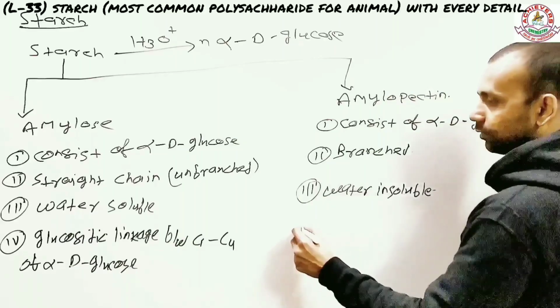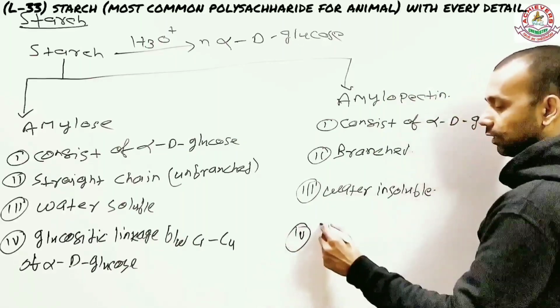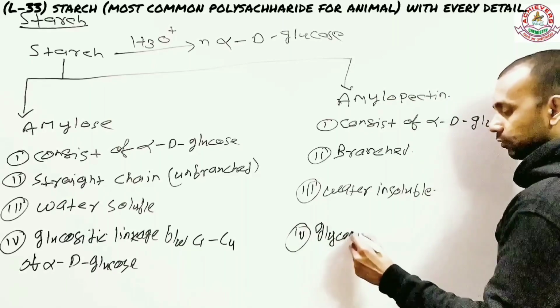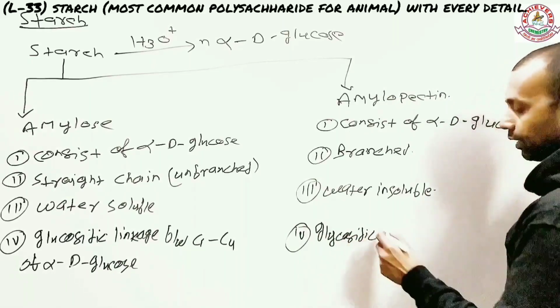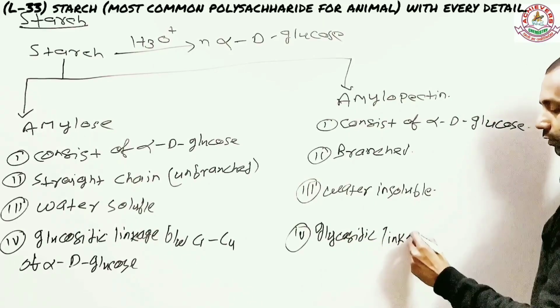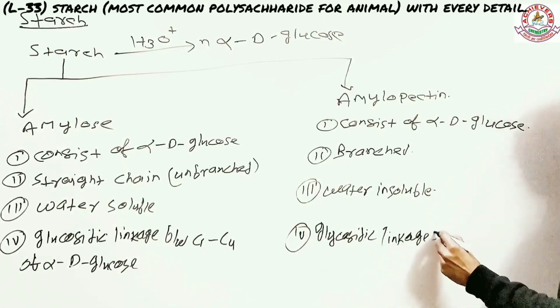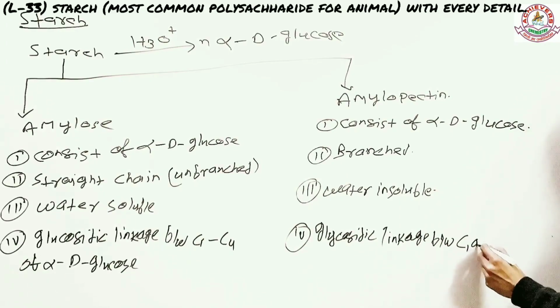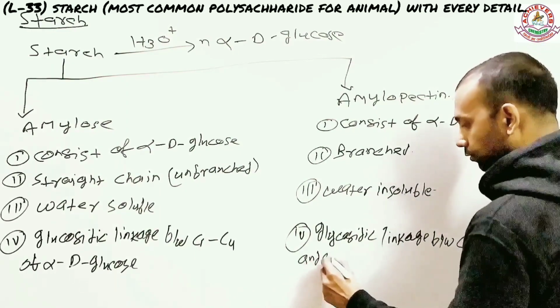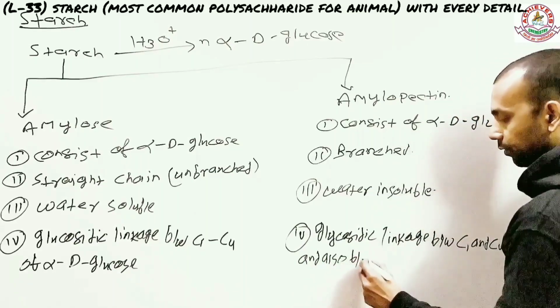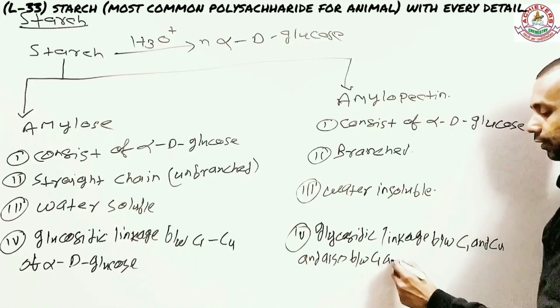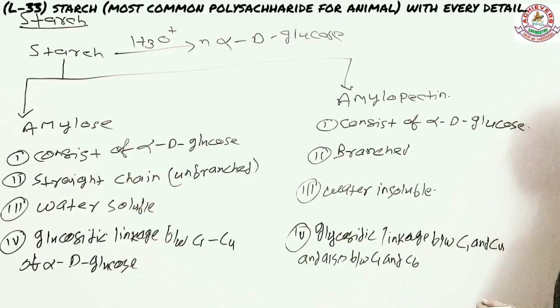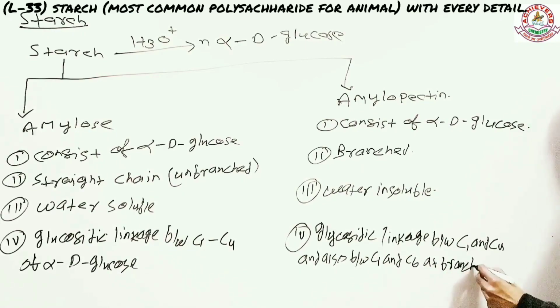But amylopectin has a glycosidic linkage between C1 and C4, and also between C1 and C6 at the branching.